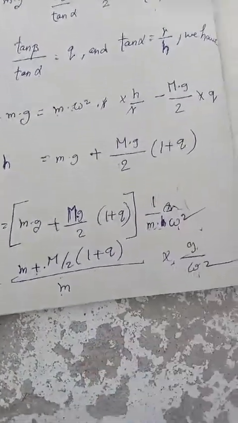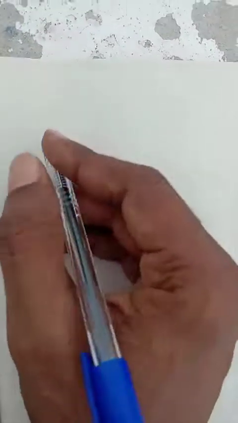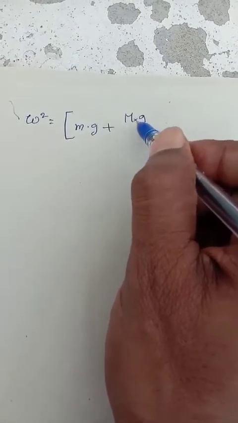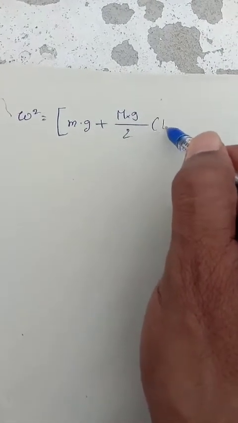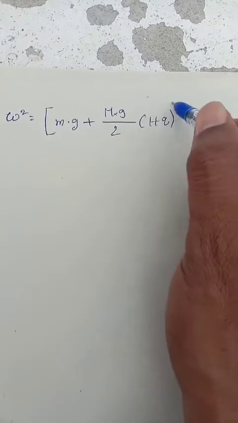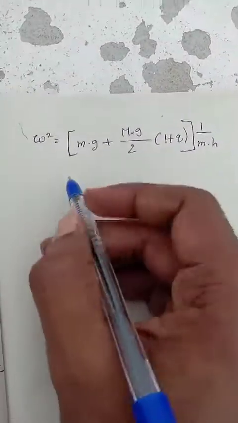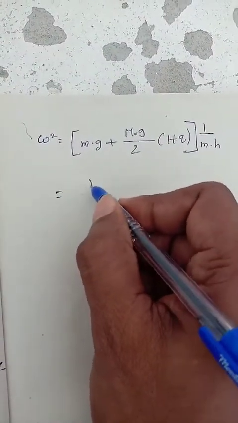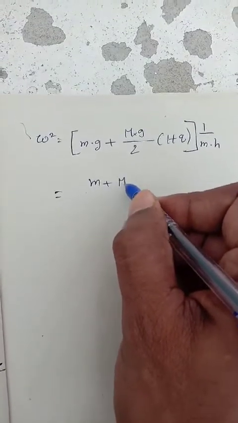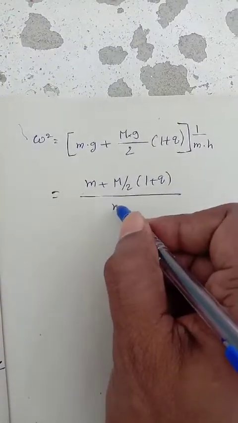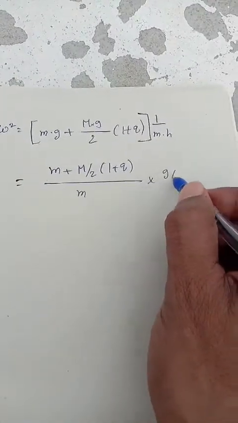Now we are going to see here omega square is equal to m into g plus m into g divided by 2 1 plus q, 1 by m into h. Then we can write this equation, m by 2 1 plus q divided by m into g by h.